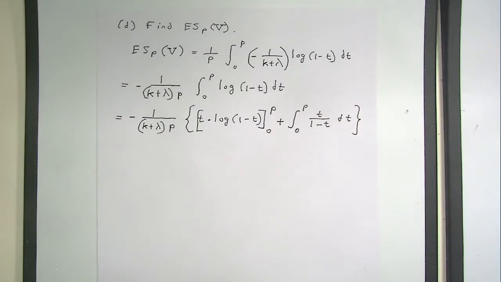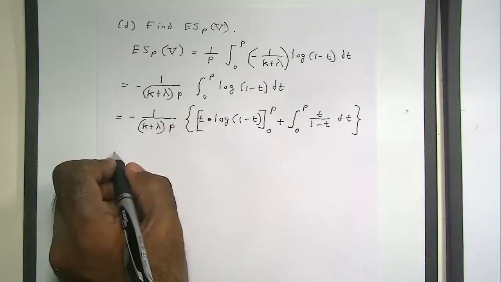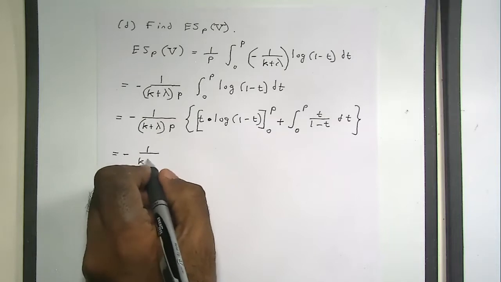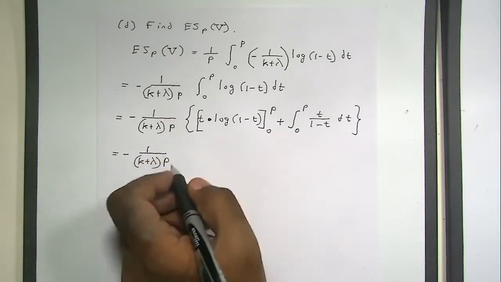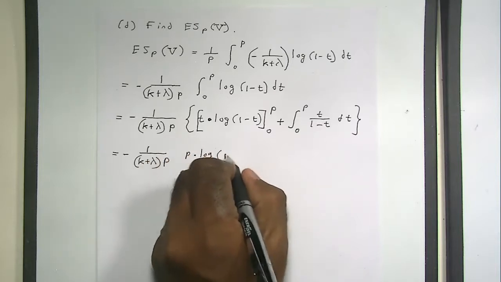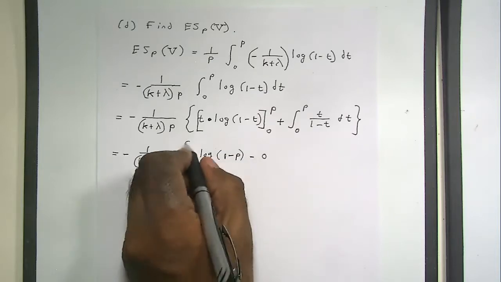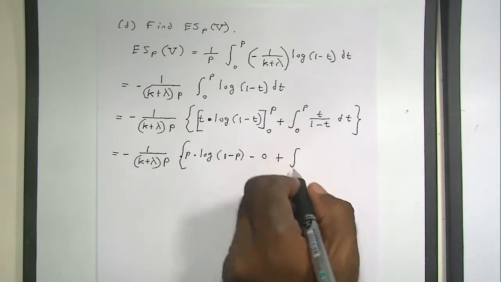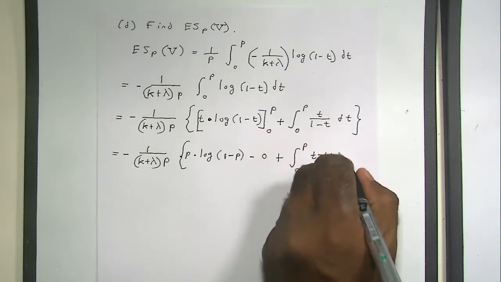This is a product sign case, so this will be minus, and the limit at 0 is 0. And this guy here, you can write it like this. You can write 0 to p, t minus 1 plus 1.